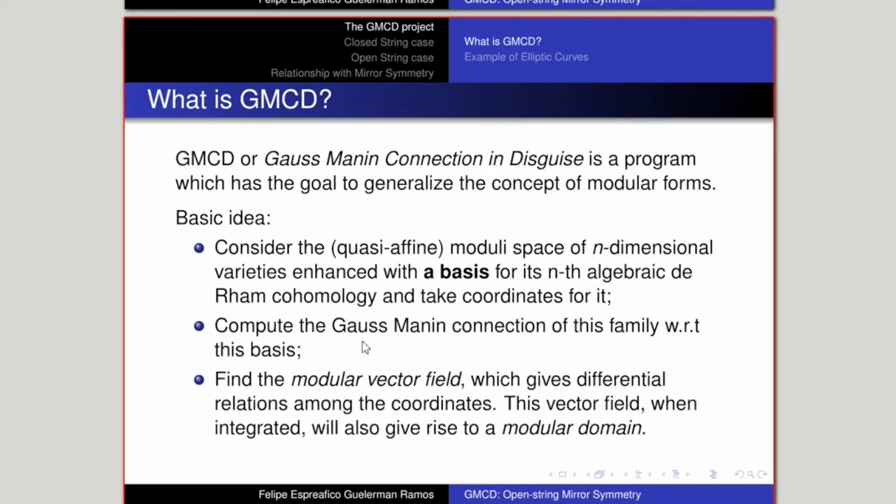And after this, we find what we call a modular vector field, which gives differential relations among these coordinates.